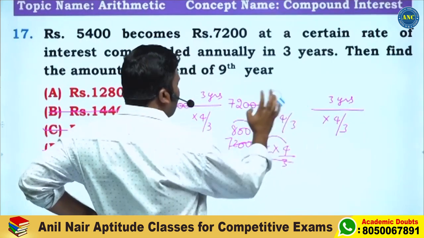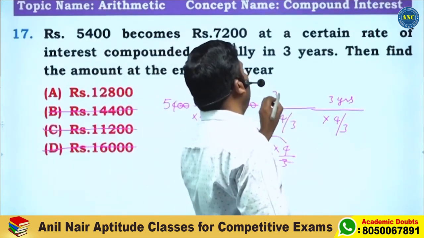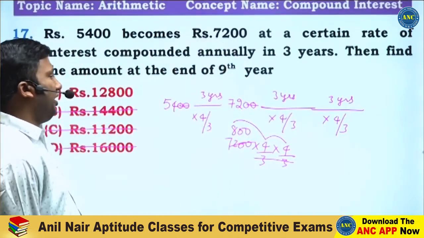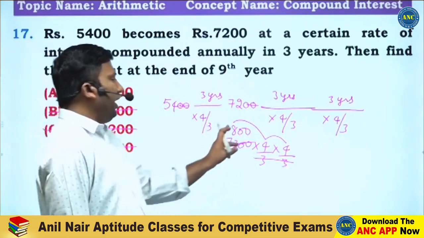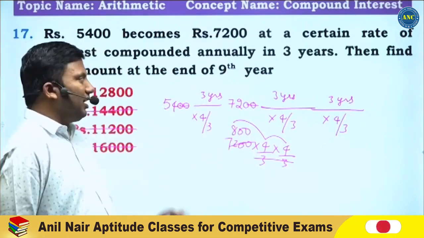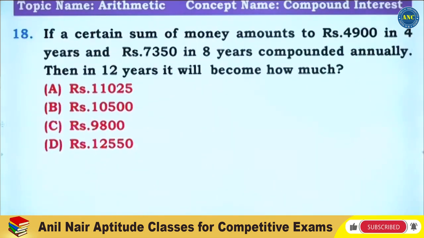Next 3 years also it is 4 by 3. So for every 3 years it will be into 4 by 3. 7,200 into 4 by 3 into 4 by 3, that is 800 into 4 into 4. 8 4s are 32, 2 4s are 8. Idea clear? 17th one. Next one.